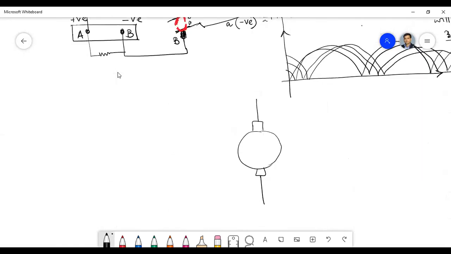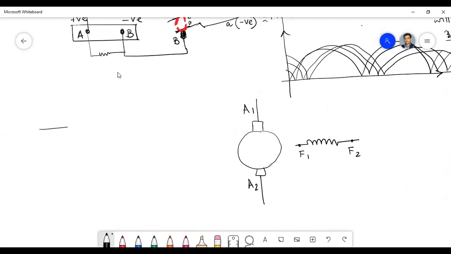So here the symbol I have drawn, this is for the armature coil. This is the symbol of the armature coil, and the field coil is like this. So this is the symbol of the field coil. Clear?